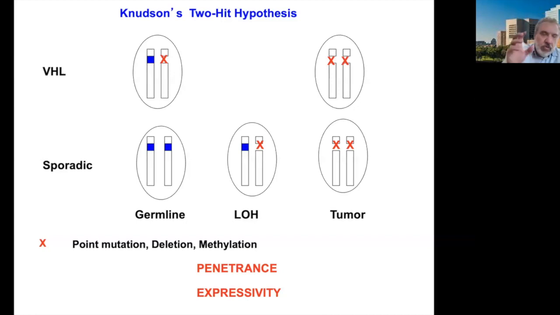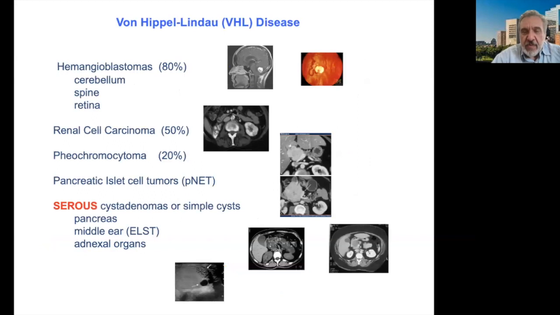That means people who don't have the germline mutation, but develop renal cell carcinoma or pheochromocytoma or hemangioblastoma. Most of these tumors that are not VHL disease related start because they also lose the VHL gene. So everything we learn from these tumors, sometimes we can apply to VHL disease, and everything we know from VHL disease, we can apply to the sporadic tumors. Not directly all the time, but many times.